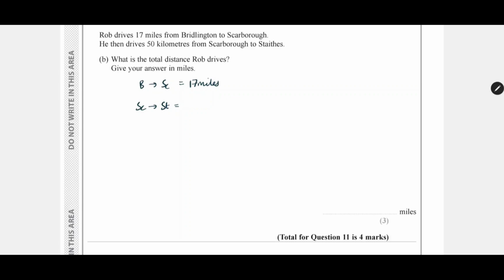So we can say 50 kilometers is roughly 15.5 multiplied by 2, which is 31 miles. And so 17 plus the 31 gives us 48. So he travels 48 miles in total.